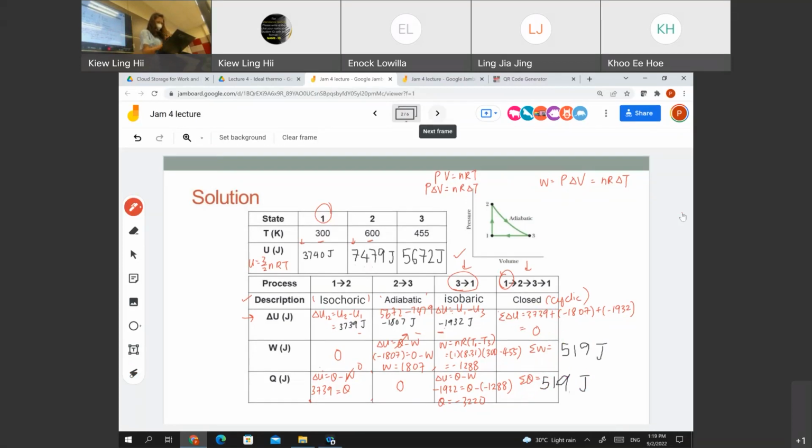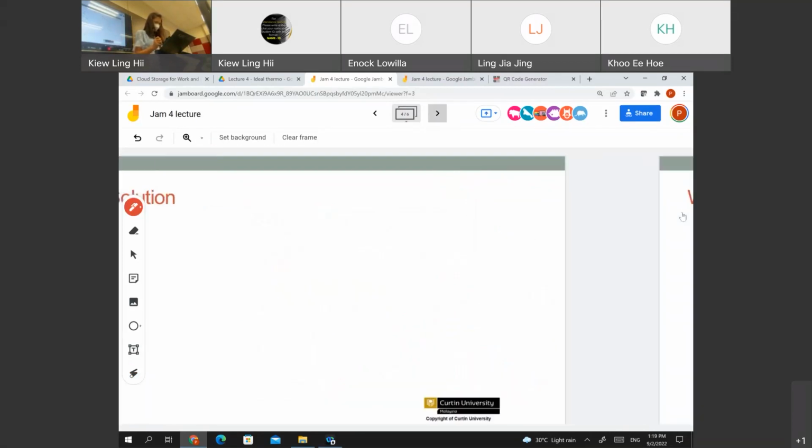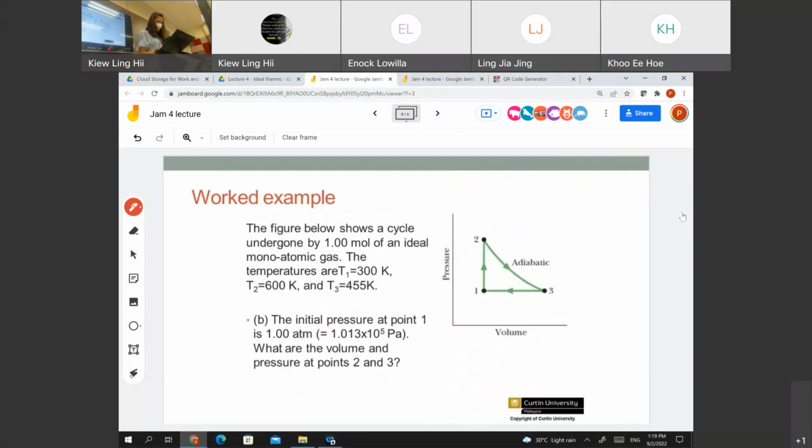Okay, so move on to the next question. Given the initial pressure at point 1, P1, is 1 atm, what are the volume and pressure at points 2 and 3? So we have to look for V2 and V3.